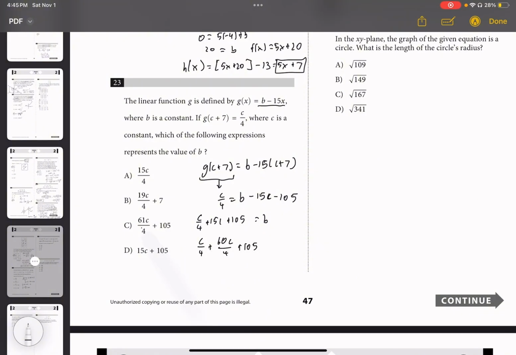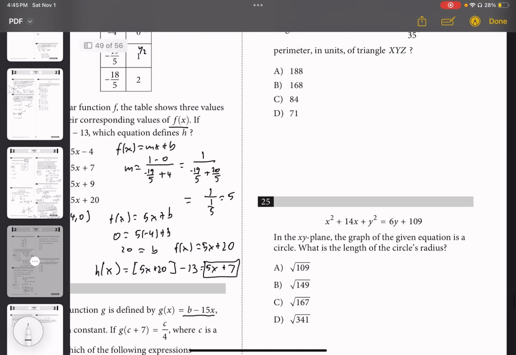We're just simplifying this because the answer choices have everything over 4. So we have b is equal to 61c over 4 plus 105. This is answer choice C. Okay, next problem.